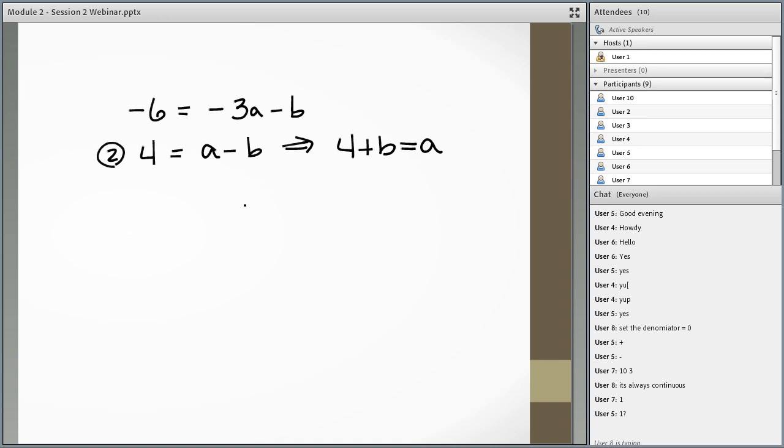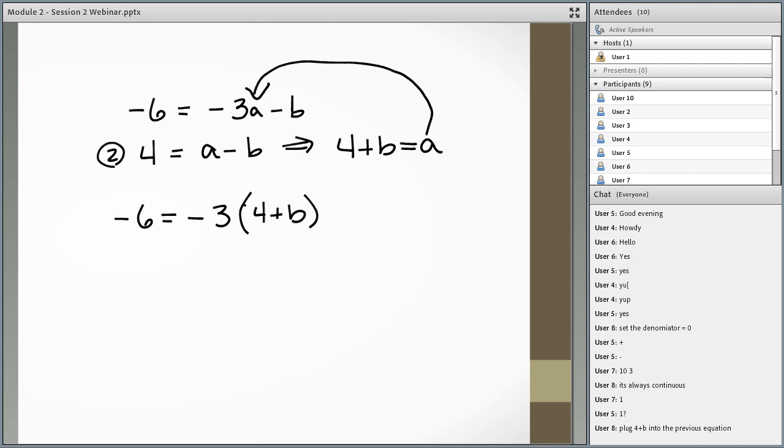What can I do with that? Good. I can plug a is 4 plus b into the other equation.